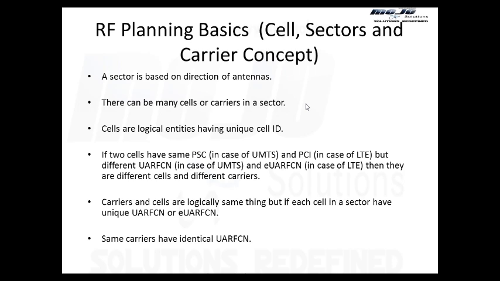Let's say it's going beyond minus 98 dBm, or the quality is going beyond minus 12 dB. Then, in order to maintain the call, not drop the call and keep a good subscriber perception, you have to try to save that call. So what do you do? You start to measure other frequencies. There are other neighbors defined on other frequencies, and other networks; like if you're on LTE, you will try to hand over to UMTS.